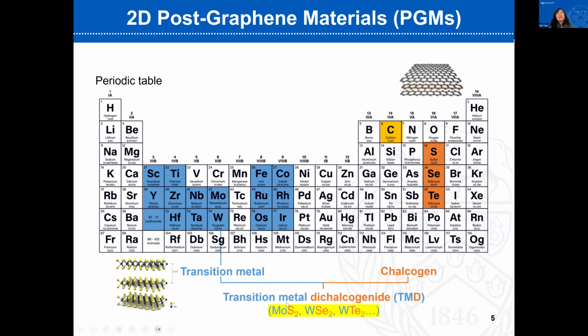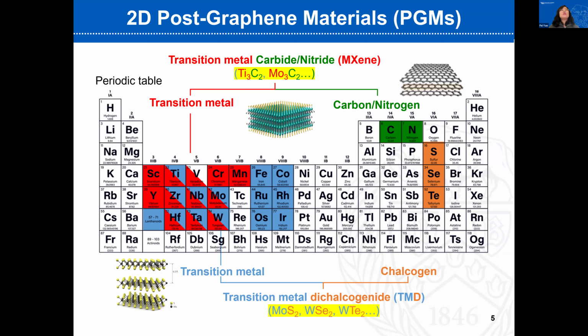In today's talk, we will feature MoS2 as a representative example for the electrochemical application. Another class of 2D materials can be formed by combining a transition metal with carbon or nitrogen. It is known as MXene, and we will mostly discuss titanium carbide in today's talk.